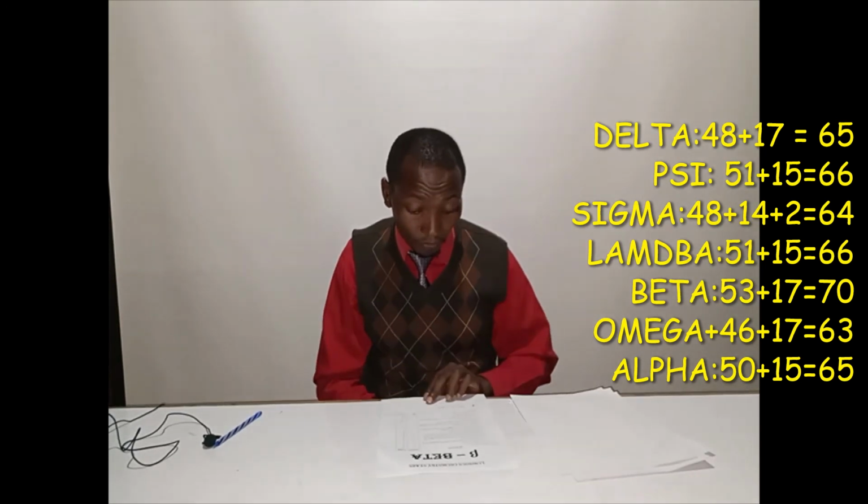The next competitor is Lambda. Lambda cumulatively had 51 in the first two episodes, then has 15, making that 66. The competitor with the symbol beta, initially in the first two episodes 53 points, adding 17 in this episode 3, and that makes 70 for beta.